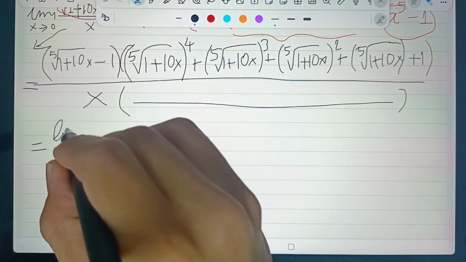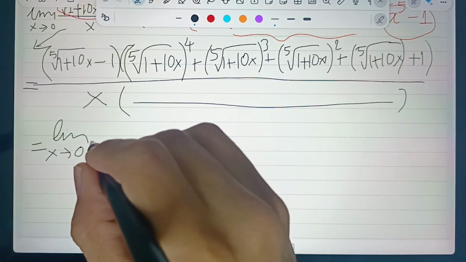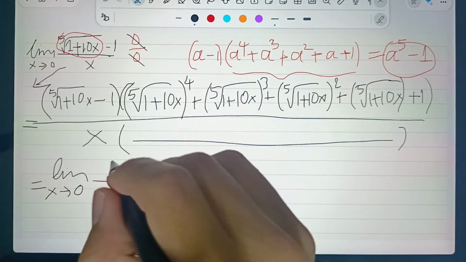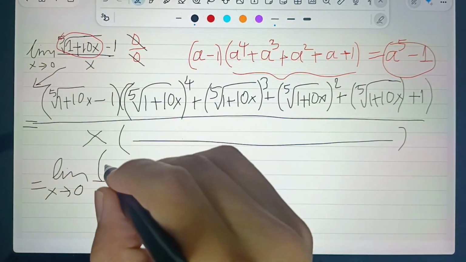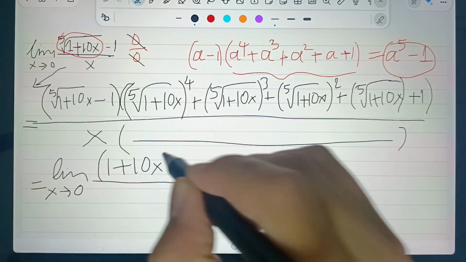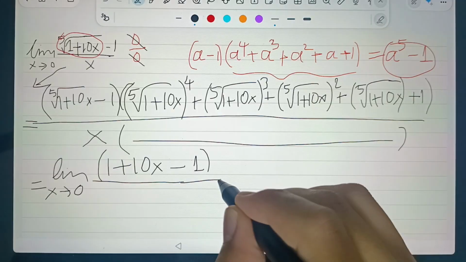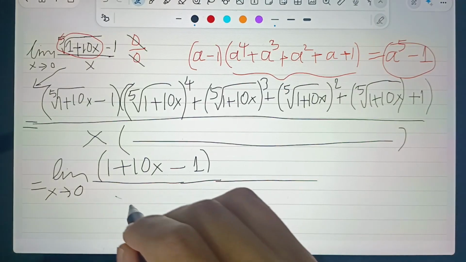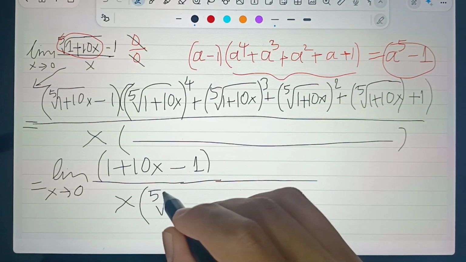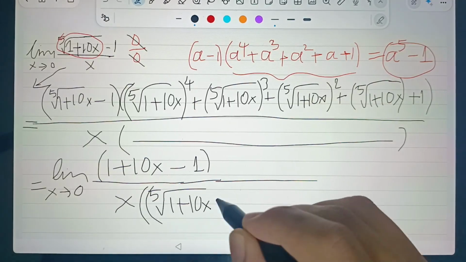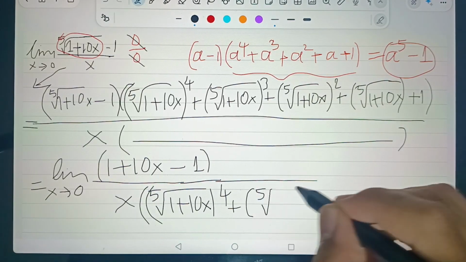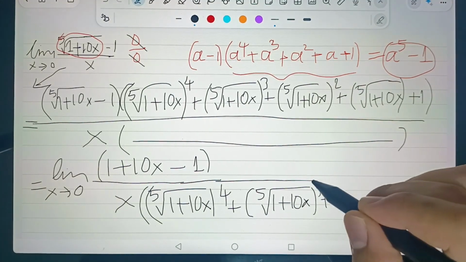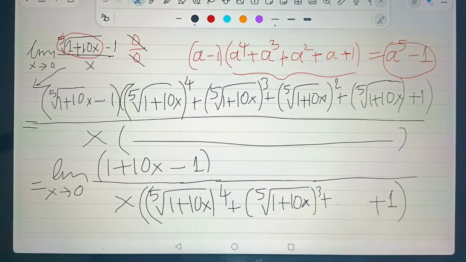So now this limit will become the limit of x approaching 0 of, for the top part, the fifth root gets cancelled out, so it becomes 1 plus 10x minus 1, divided by x times this expression: the fifth root of 1 plus 10x to the power 4, plus, and so on until 1.